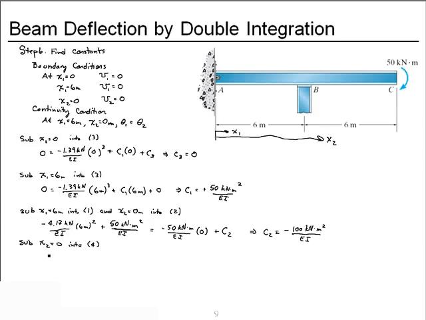Since the deflection at that point is 0, we have 0 equals a minus 25 kilonewton meter over I, x2 is 0 squared, minus constant C2, a minus 100 kilonewton meter squared over EI times x2, but that's 0, plus constant C4. Well, all the other terms drop out. C4 must equal 0.